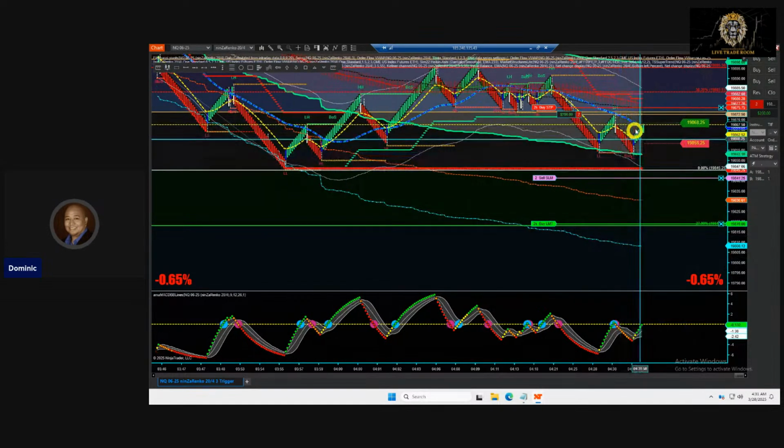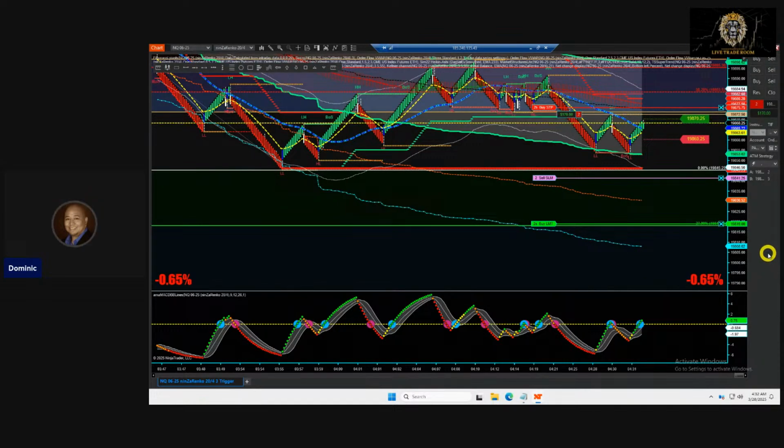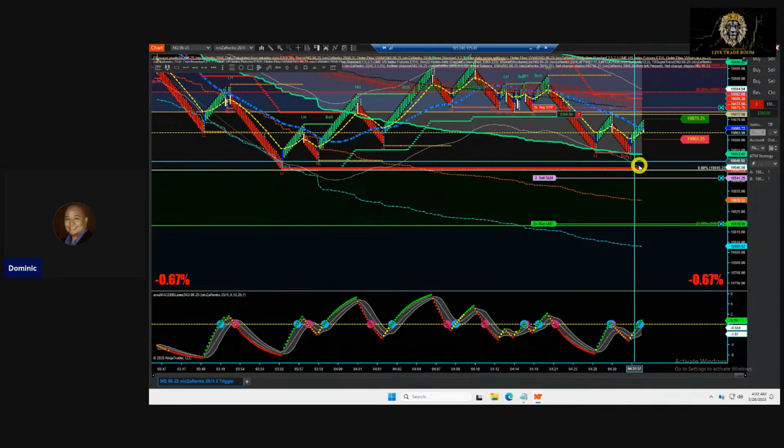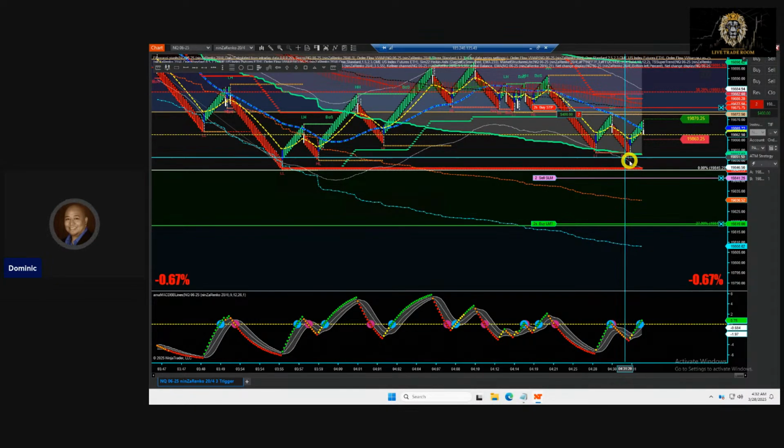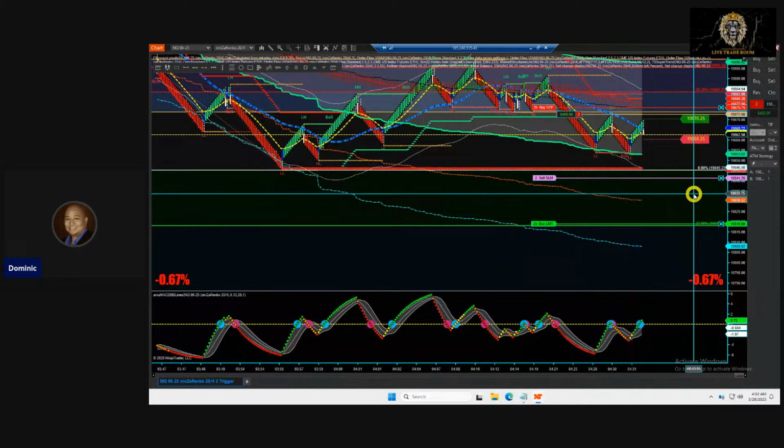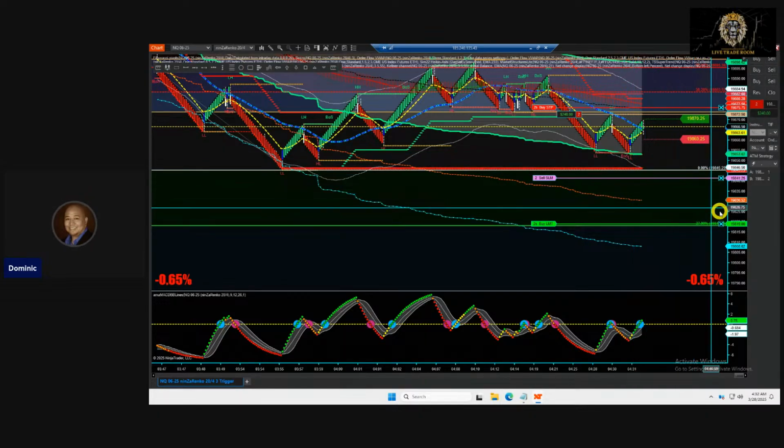Let's see if they're going to test this again, the mid band. So we have a double bottom here, even though it created a lower low there. See, we busted it by just one tick. They bring it back up. That's your typical algo, trying to get the breakout traders out.